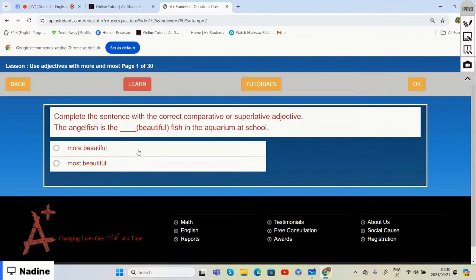All right, so we can then say the angelfish is the, do we say the more beautiful fish in the aquarium at school? Remember, we are not comparing this fish to all the other fish in the aquarium. So do we say it is more beautiful or most beautiful? Which one is correct? Remember, this one is being compared to literally all of the fish.